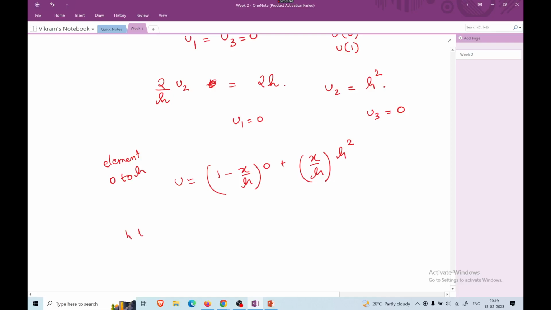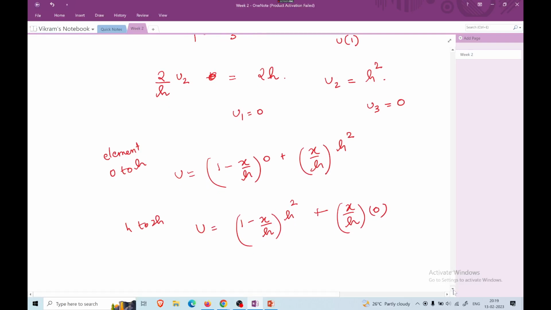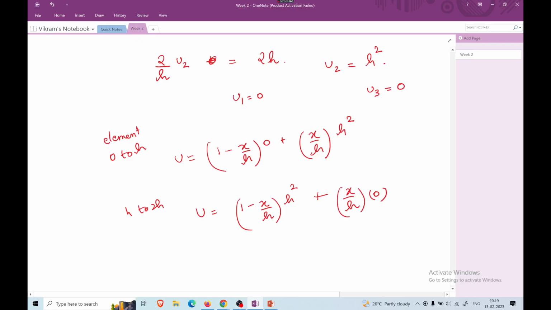For h to 2h, u is equal to h square. Can you guess how this term occurs? We assume that u is equal to uj psi j at element level. So from there we get this term.